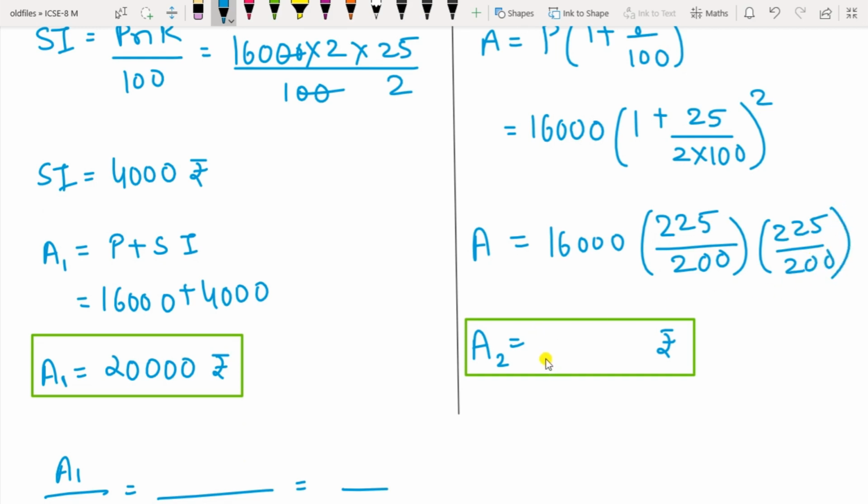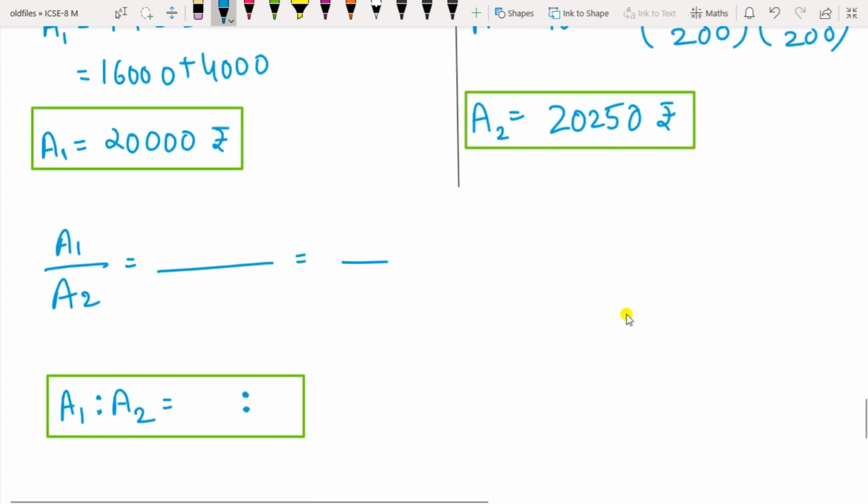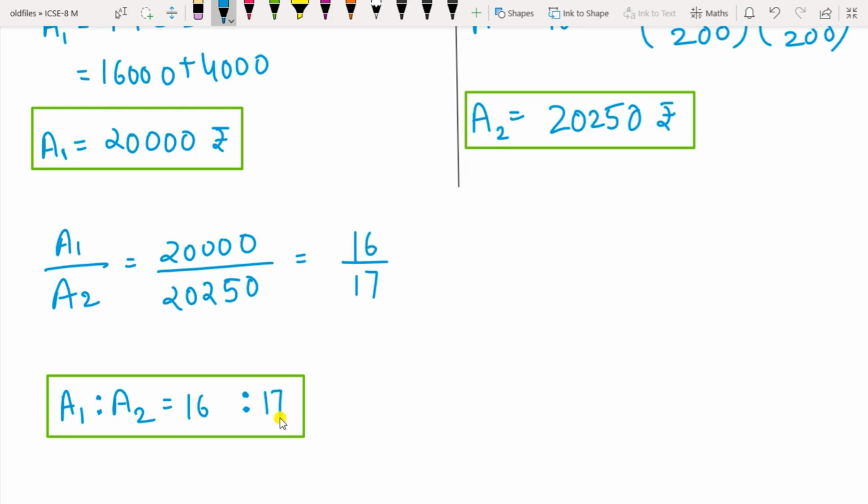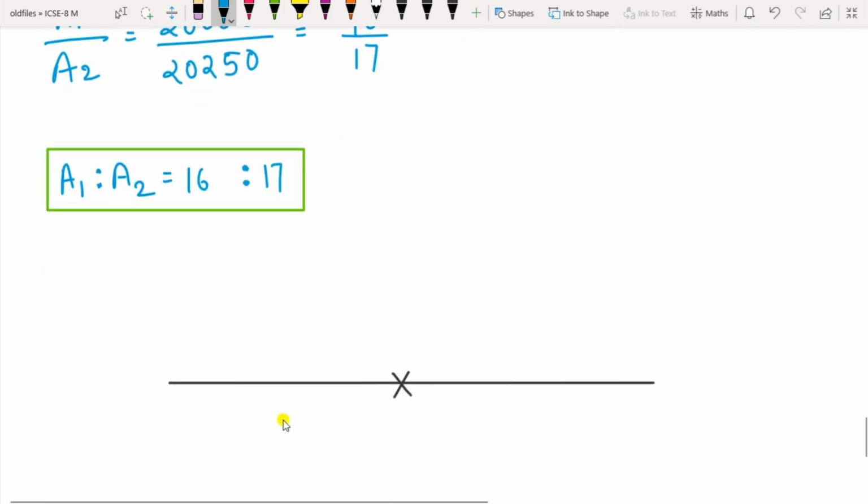You will get the amount here as 20250 rupees. Now you have to take the ratio. So it is 20,000 upon 22250. It will be 16 by 17. So A1 is to A2 is 16 is to 17. That is the answer. Okay.